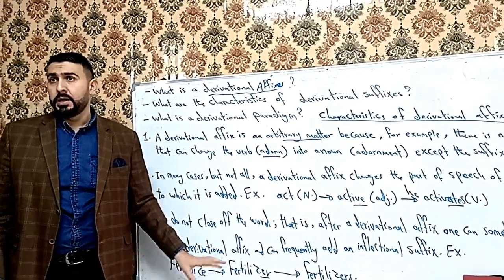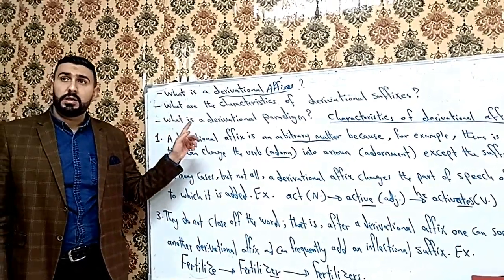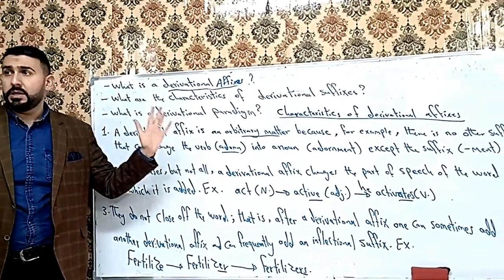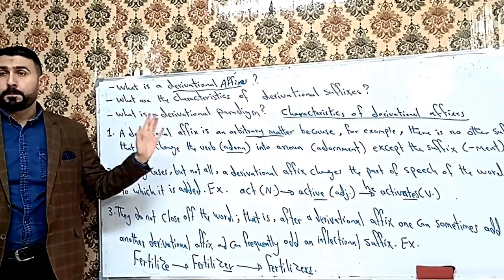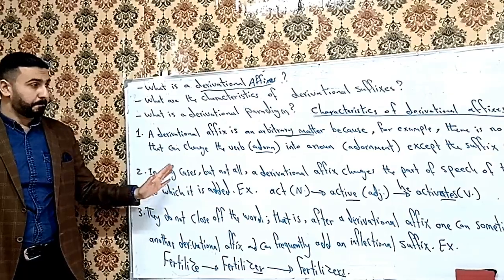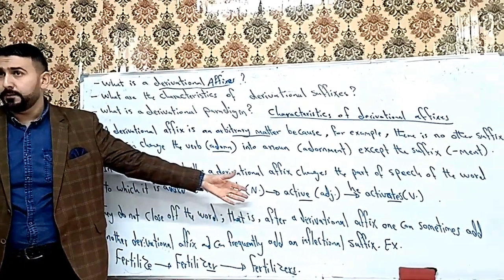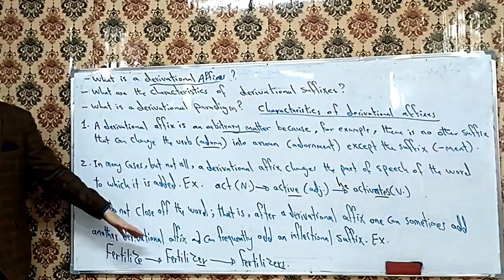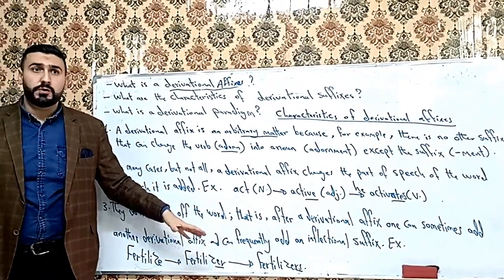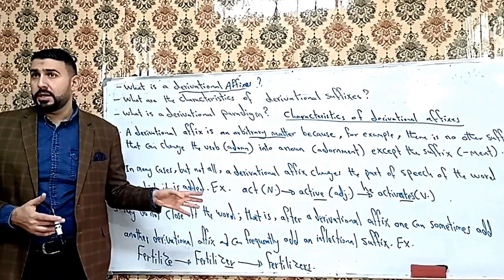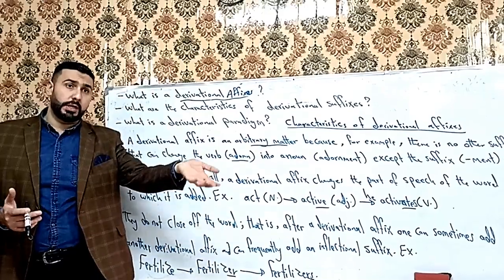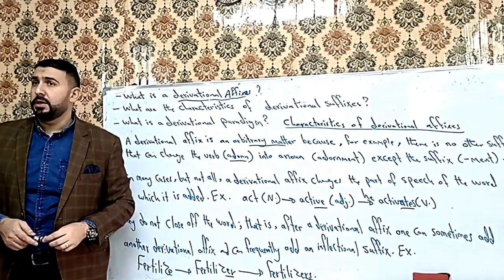Put it in your mind. A derivational suffix or affix is an arbitrary letter, and it changes the part of speech, and they do not close off the word. I wanted you to memorize these three characteristics and compare them with the characteristics of the inflectional affixes.